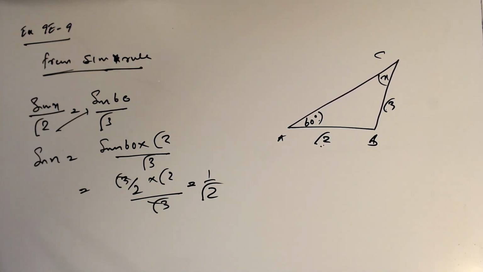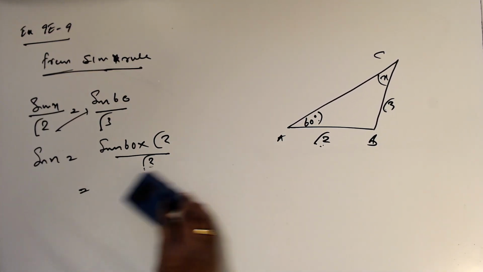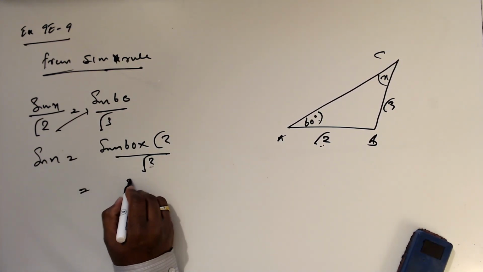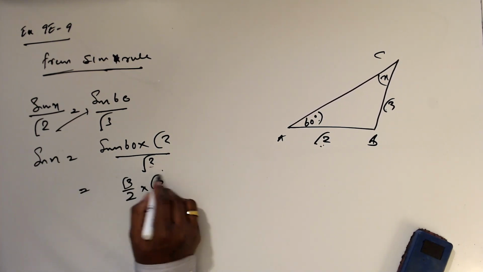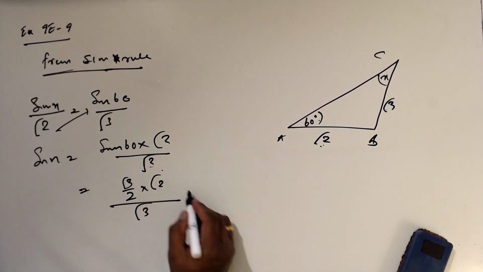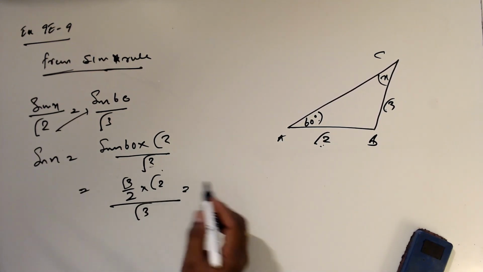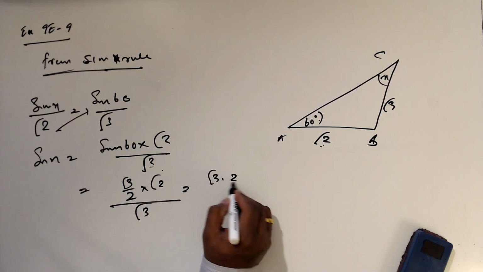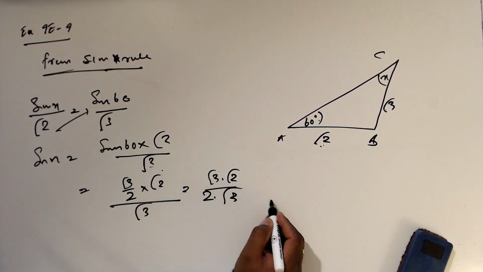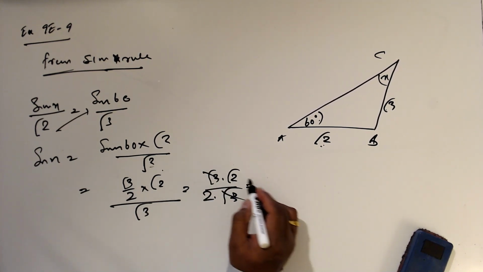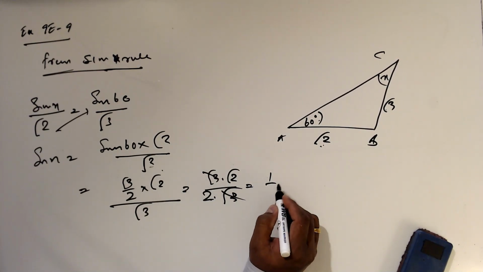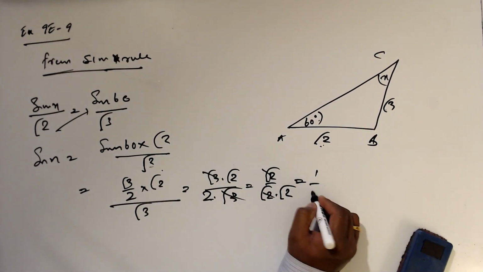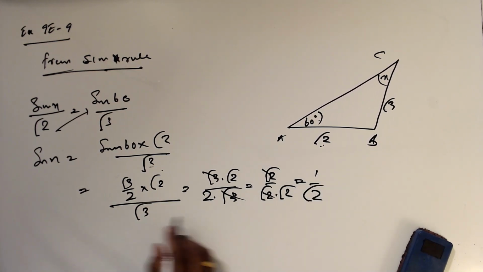If you are not sure what is going on, let's do it like this. Sine 60 means square root 3 over 2 times square root 2 over square root 3. This cancels out, and square root 2 over 2 means 1 over square root 2.